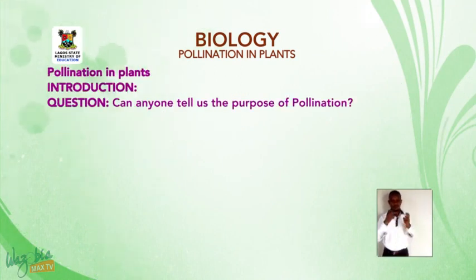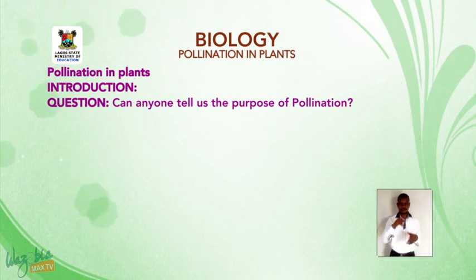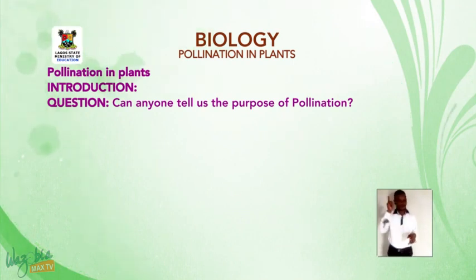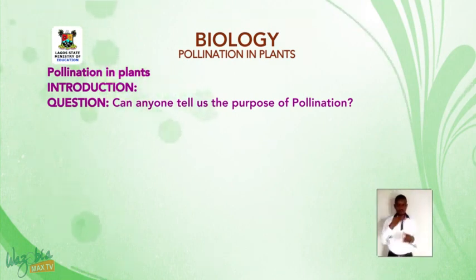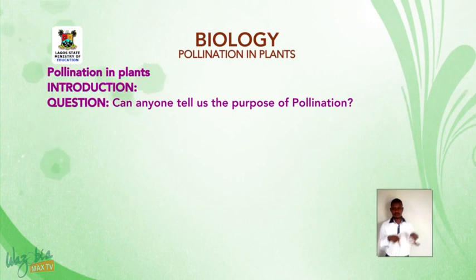Our topic again, pollination in plants. Can anyone tell us the purpose of pollination? I'm listening. Good. By the end of this lesson, you'll be able to buttress the discussion more. Now, what is pollination?